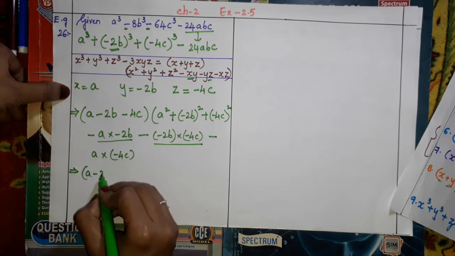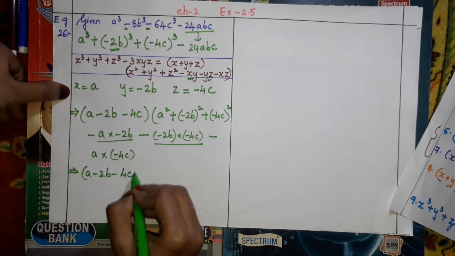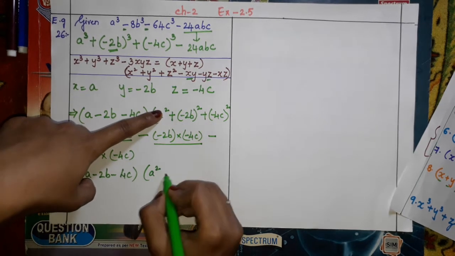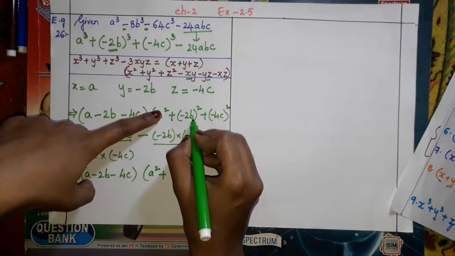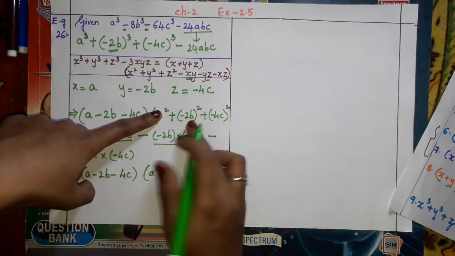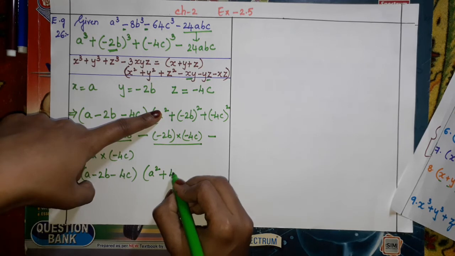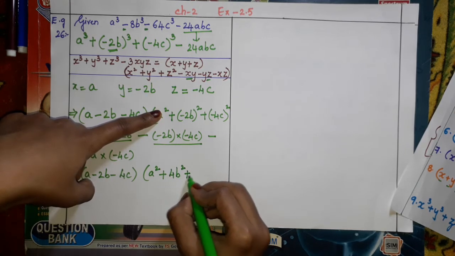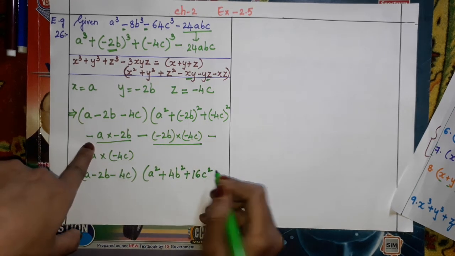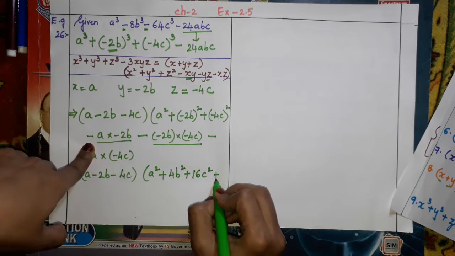Now a minus 2b minus 4c I'll be copying as it is. Now a square is nothing but a square, plus minus 2b whole square is nothing but minus into minus is plus, 2 2s are 4, b into b is b square, so 4b square. Plus minus 4c whole square is nothing but 16c square, minus into minus plus.